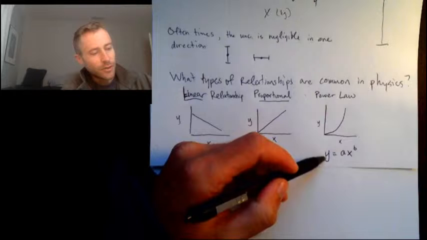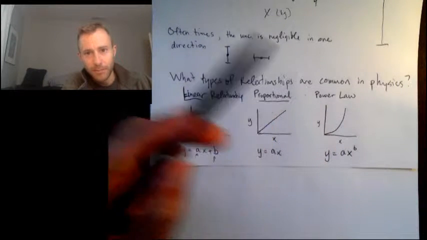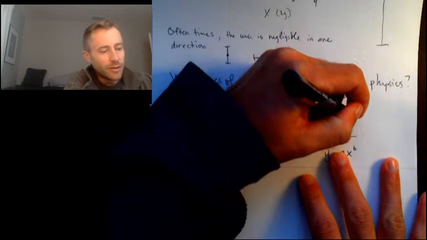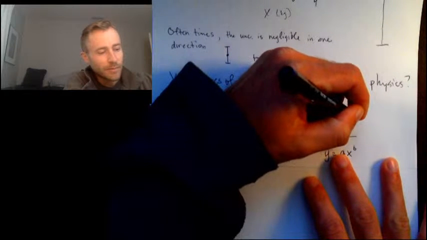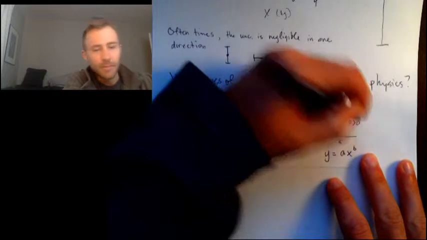So it starts at the origin and it's kind of bendy. So this would be a b that is greater than 0.